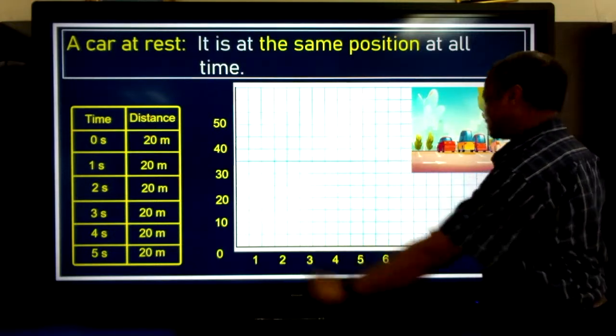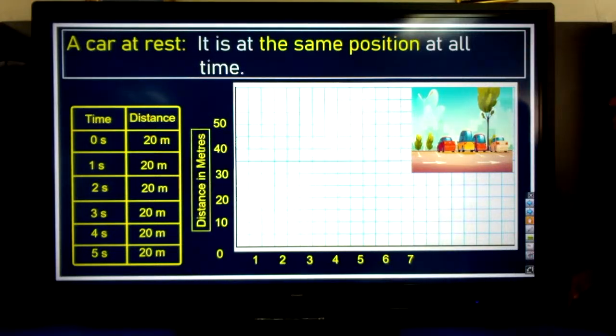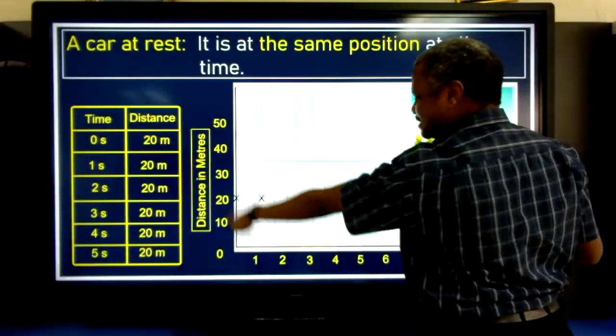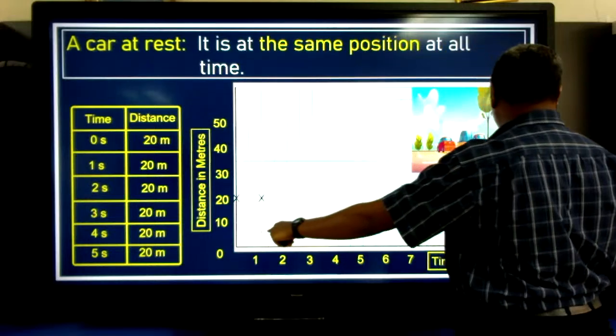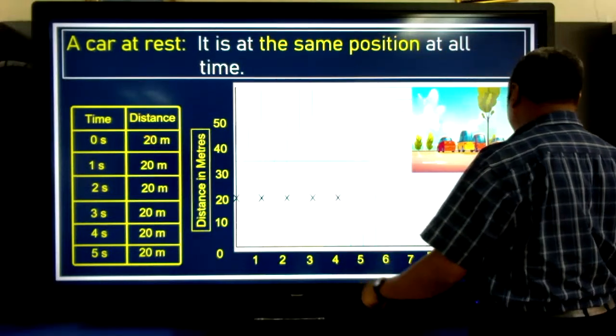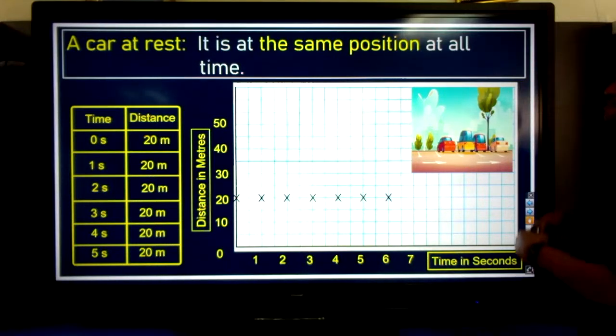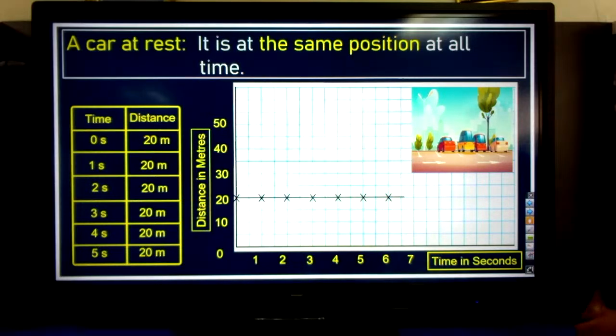The graphical representation of this looks like this. The distance in meters is on the y-axis, and time is on the x-axis, so just look at the points. At 1 second, it will be 20. All of these points form a straight line. The graphical representation for a car at rest is a straight line.